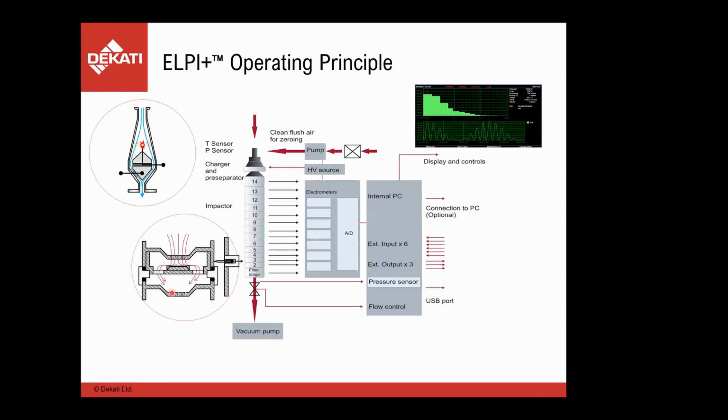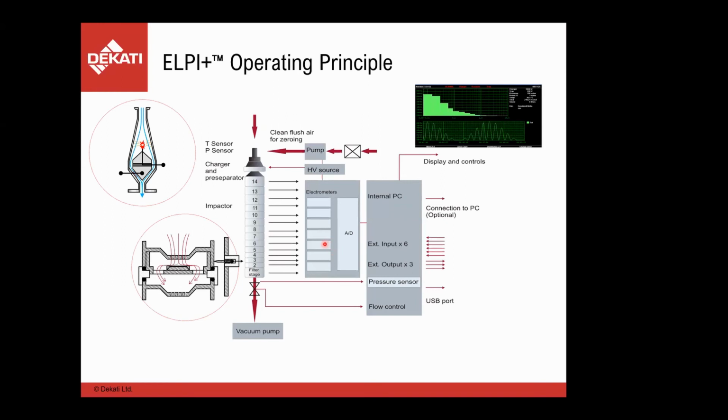And in the next stage, we accelerate the flow a little bit more to gather even smaller particles in the next stage of the cascade impactor. And all of the stages are electrically insulated from one another. So with individual electrometers, we get the continuous current measurement from each size range. And when we have the currents and we know the charging efficiency for different size particles, we can directly calculate particle size distributions and concentrations of particles.